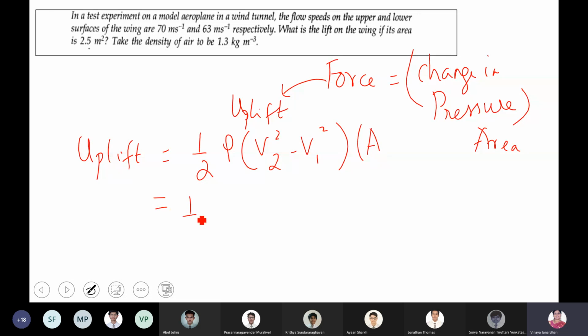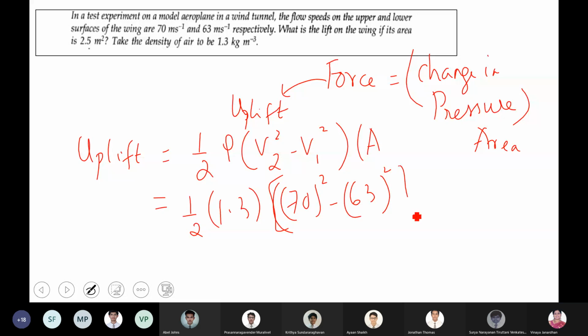What is the density of air given as? 1.3. What is V2 squared? So I can go for 70 squared minus 63 squared, but anyway, it's negative. I'm just taking it as 70 squared minus 63 squared into what is the area? 2.5.